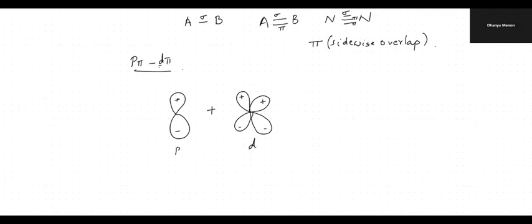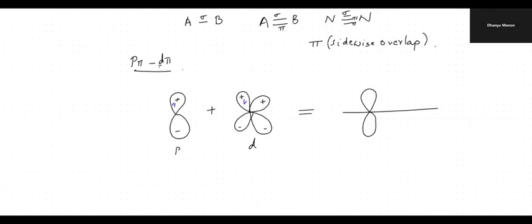When they overlap, it results in the formation of a bond. Here I have one electron, and here I have another electron.